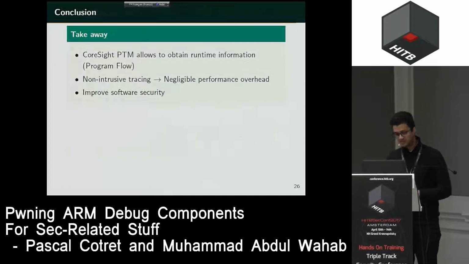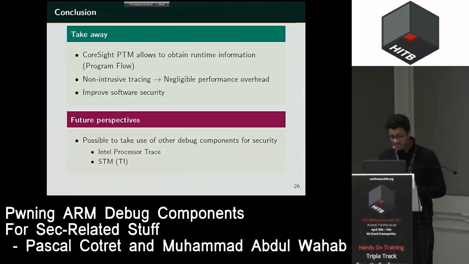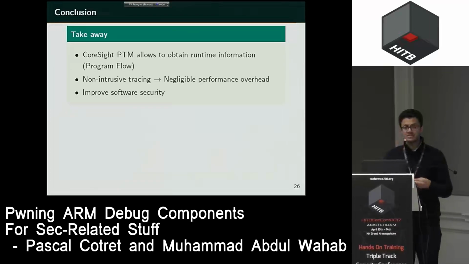And for those of you who have not heard of CoreSight components, this can be a takeaway for you. You can use CoreSight components to obtain information about program flow changes in a program, and it is non-intrusive because there is negligible performance overhead, depending on your configuration of CoreSight components.